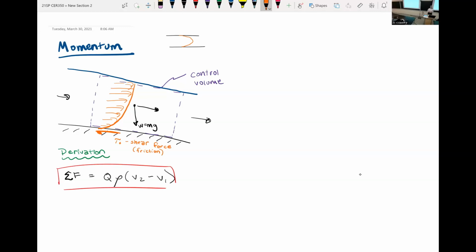What else? What other forces are acting here? Think back to those momentum problems we looked at last semester, summing forces in pipes, and there was another force we considered. What is the force that's going to act here and here?